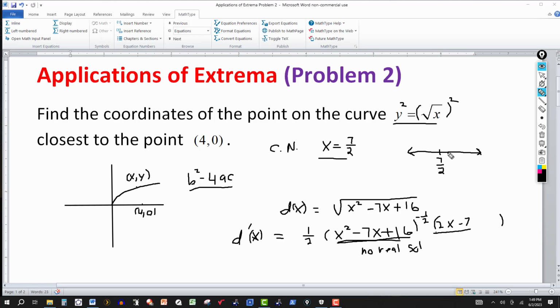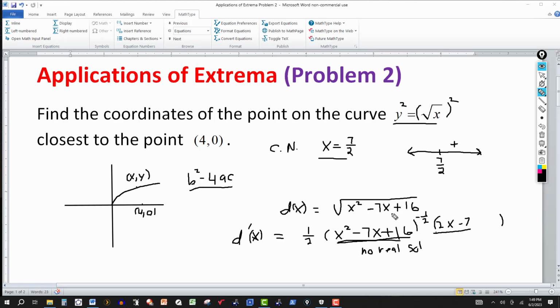So let's pick a number, say 4, and put it into the derivative. So if I put a 4 right here, the 2x minus 7 is 2 times 4 is 8 minus 7. This is positive. If I put it in here, x squared minus 7x plus 16, that's going to be positive. So to the right of 7/2, the derivative is positive.